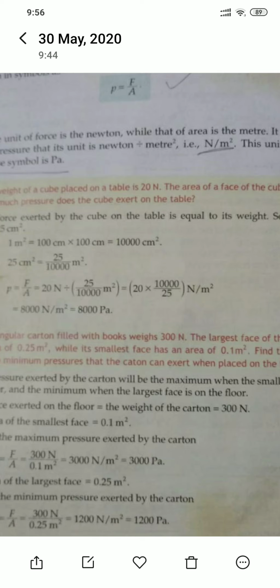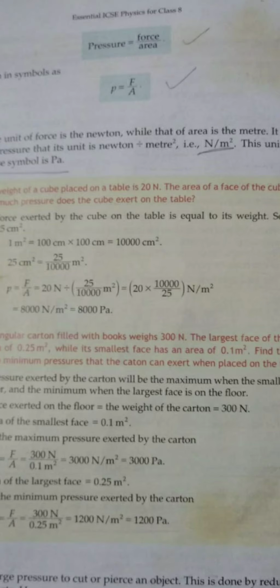So I have to do either of the two. I have to increase P. So either I decrease the denominator or increase the numerator, right? That means in order to increase the pressure, either I increase the force or I decrease the area.